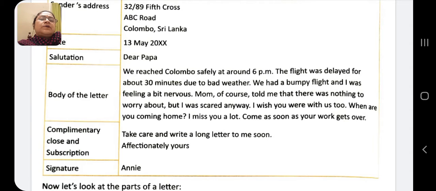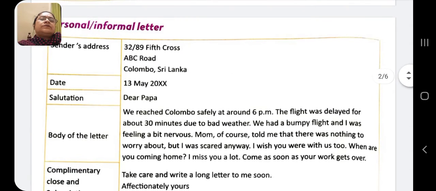Let me read out this letter also. 32 by 89 5th Cross, ABC Road, Colombo, Sri Lanka, 13 May 2020. Dear Papa, we reached Colombo safely at around 6 p.m. The flight was delayed for about 30 minutes due to bad weather. We had a bumpy flight and I was feeling a bit nervous. Mom, of course, told me that there was nothing to worry about, but I was scared anyway.